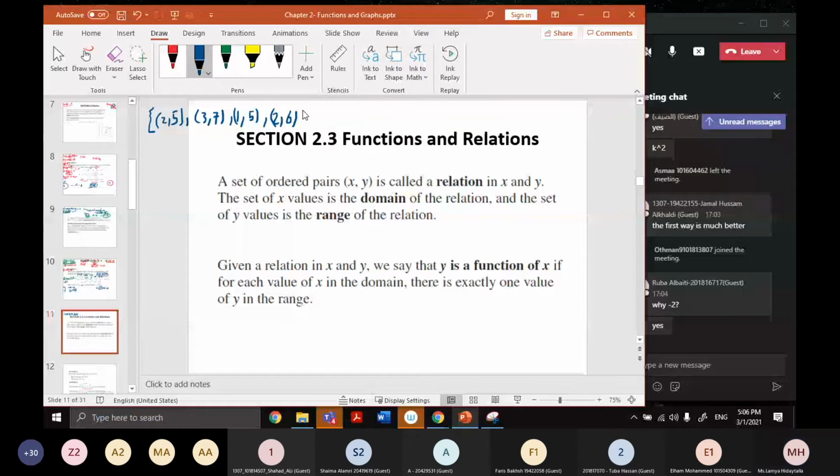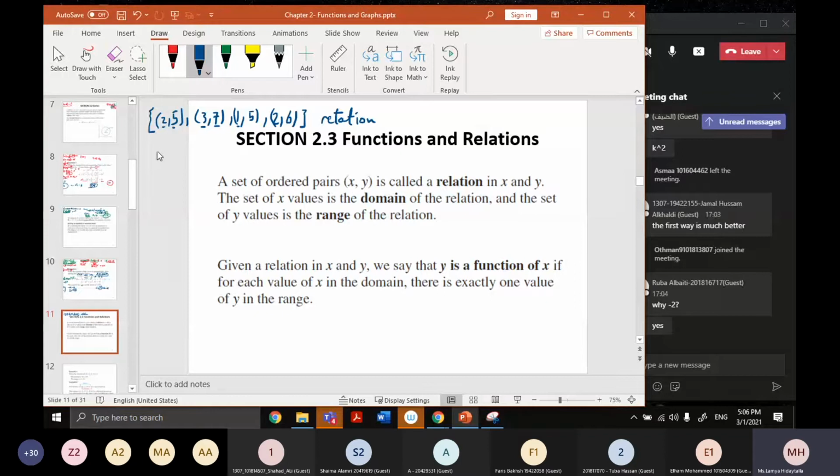Okay, let me finish like that. What do we call this? We call it a relation. The ordered pairs: the 2 is related with the 5, the 3 is related with the 7, the 1 is related with the 5, the 2 is related to the 6.